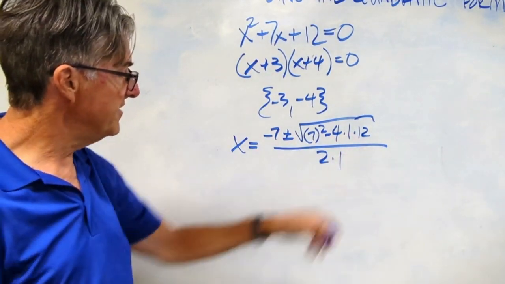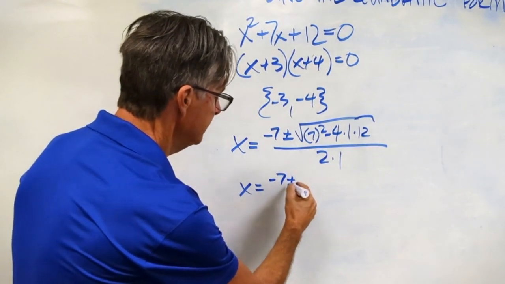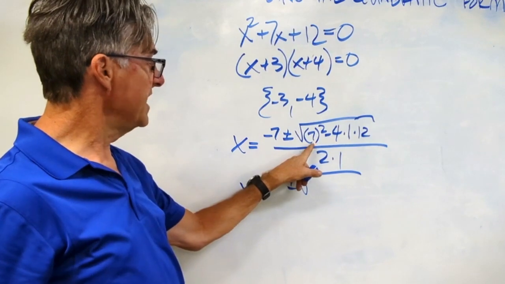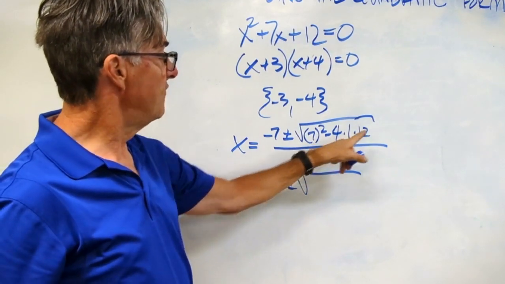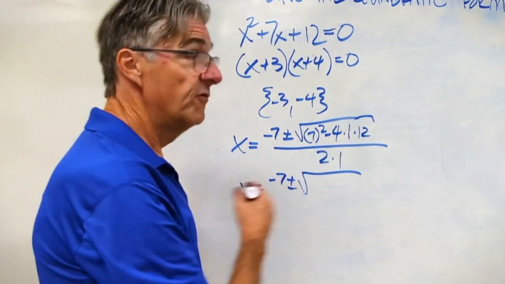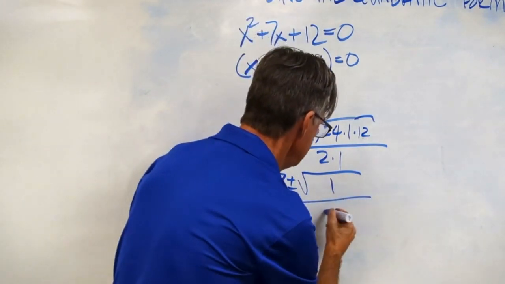So let's simplify this on down. X equals minus 7 plus or minus. Now let's simplify what's in there. This is 49 minus 4 times 12, which is 48. So 49 minus 48 is 1 all over 2.